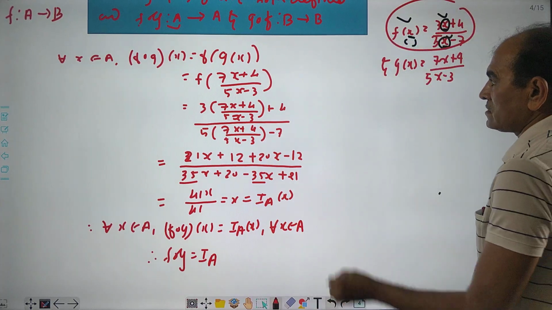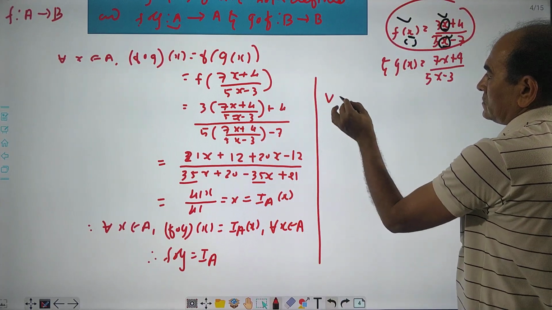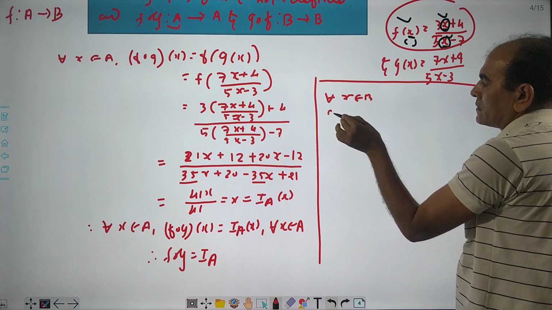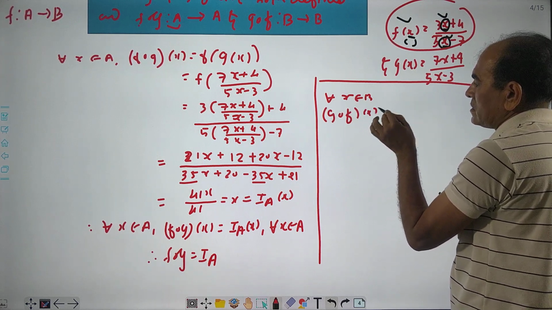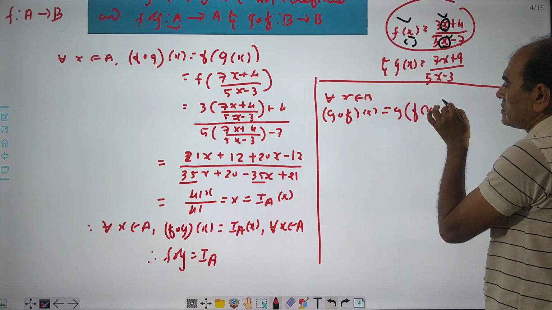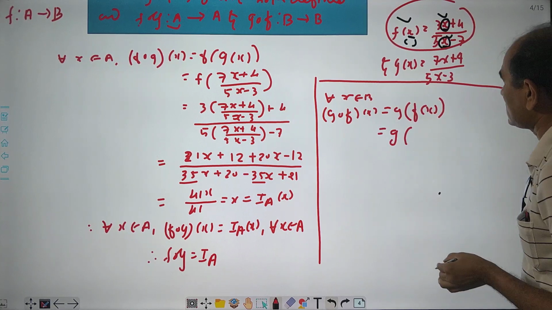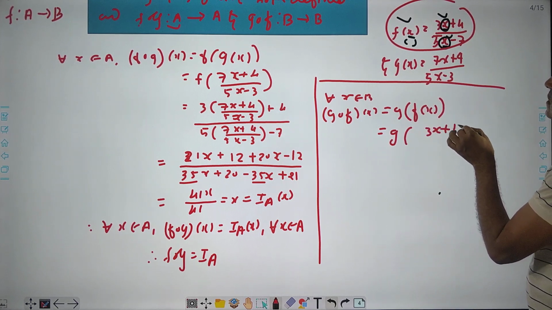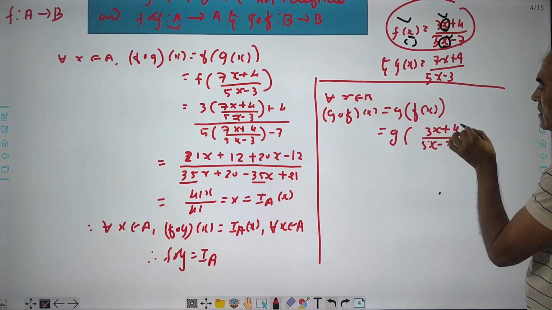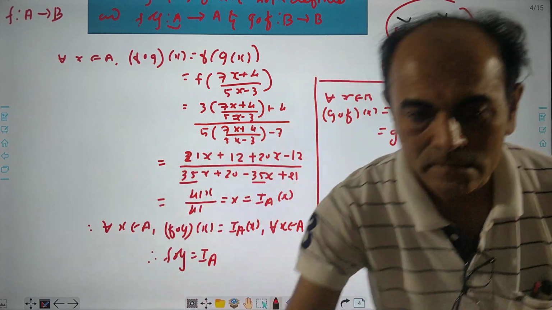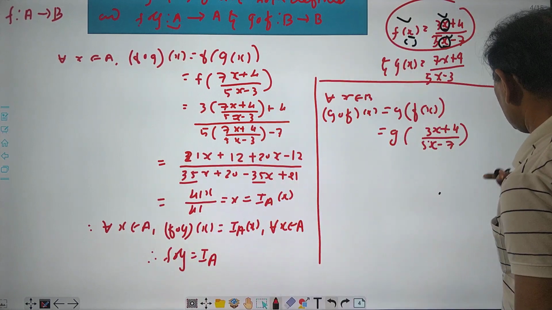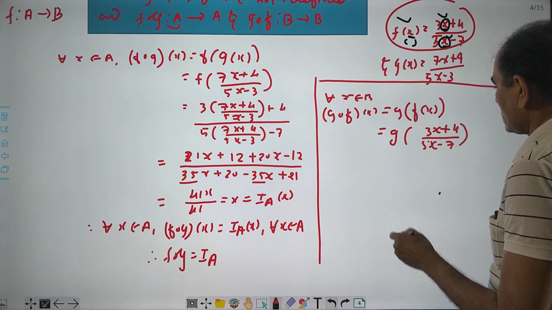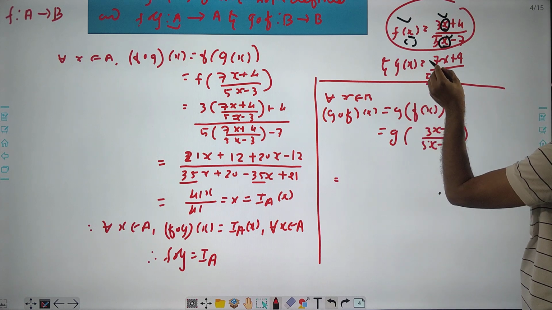Now at the same time, let us see here. For all x belongs to B, g∘f at x is equal to g of f(x), and that is equal to g of what is f(x). f(x) is nothing but (3x plus 4) over (5x minus 7). And that is equal to g of something.